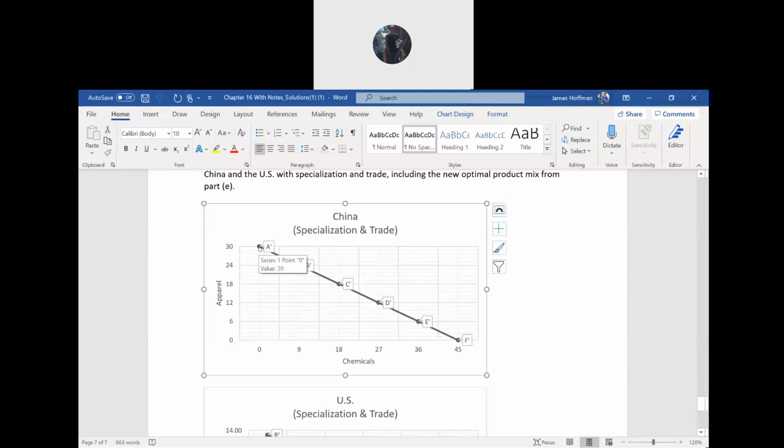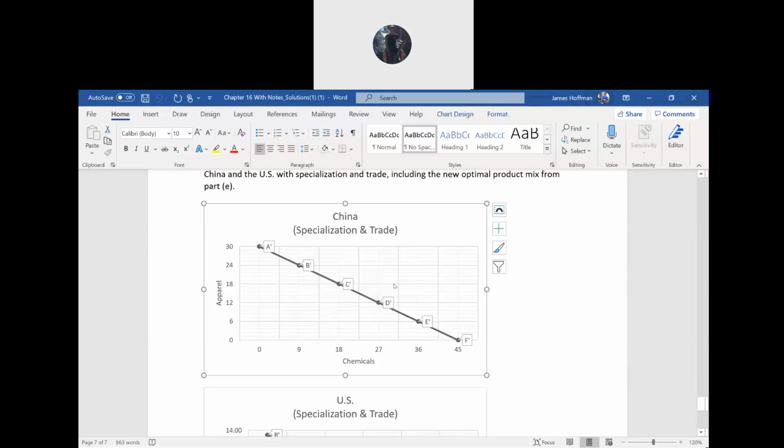Here's keeping them all. If they keep 24 and trade 6, they can get back 6 times 1.5 is 9, right? That's the trade chemicals. If they keep 18 and trade the other 12, yeah, 12 times 1.5 is 18.